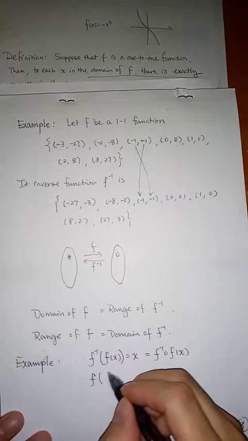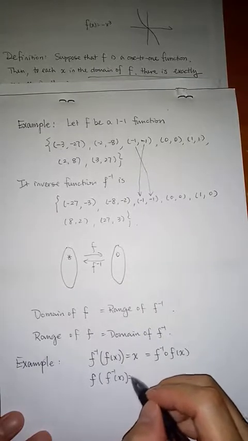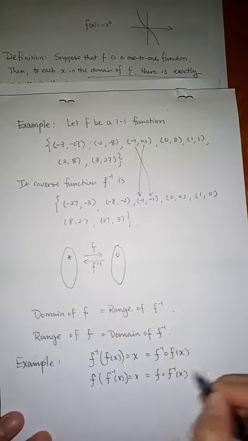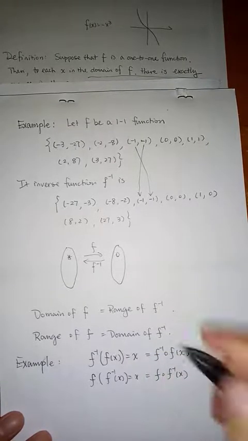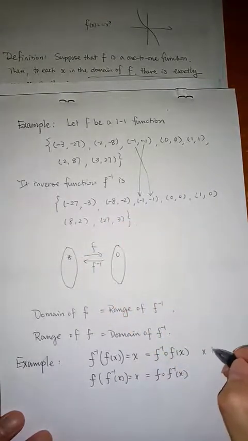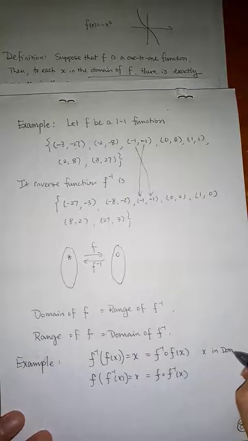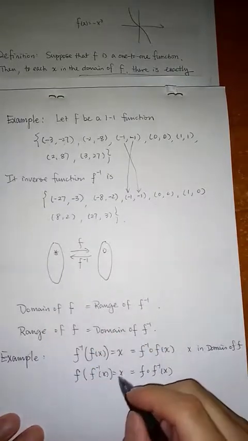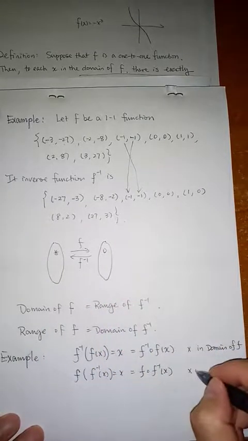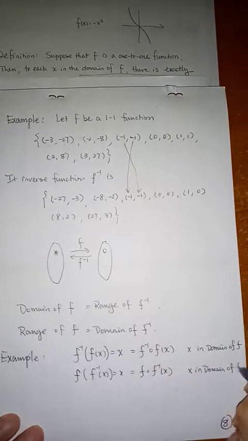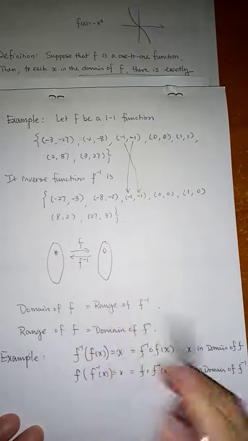And the difference is that the star comes from the domain of f, and this circle comes from the domain of f inverse.